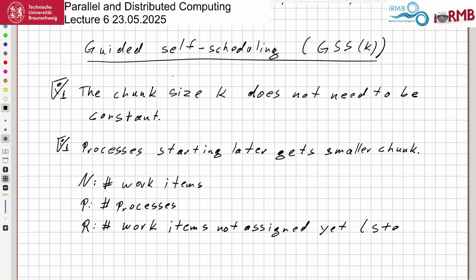So we start at the start, this is of course N. And then there would usually be a minimal chunk size that would be at least one work item, but can be larger.